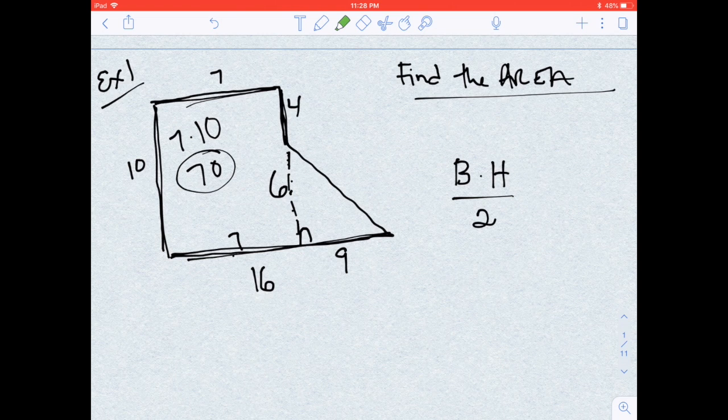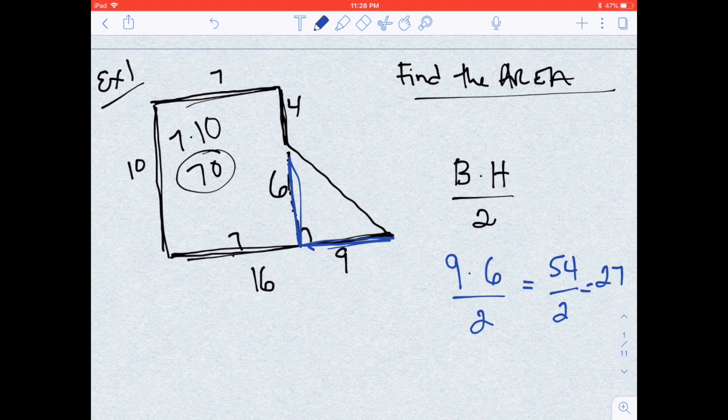My base is 9, and my height right here is 6. I'm going to divide this by 2. 9 times 6 is 54. Divided by 2 is 27.